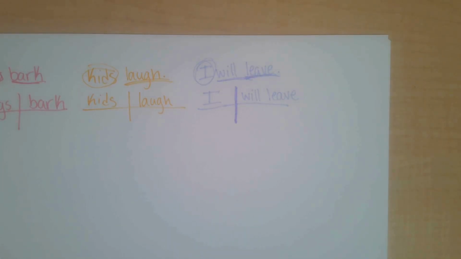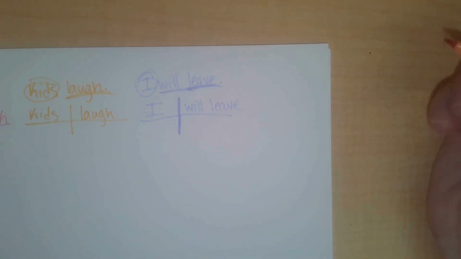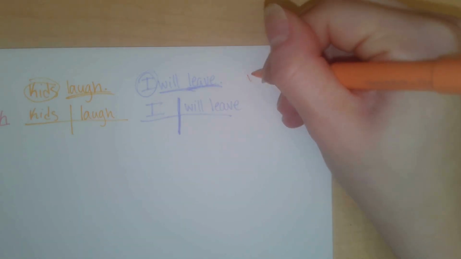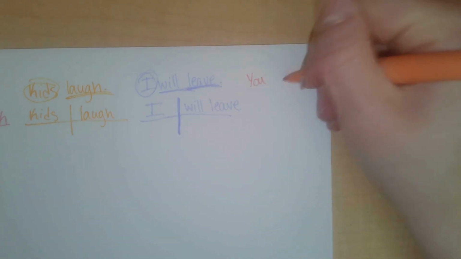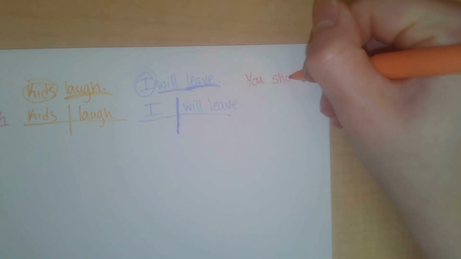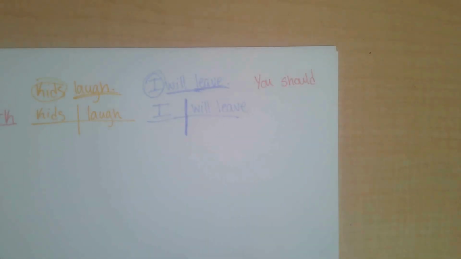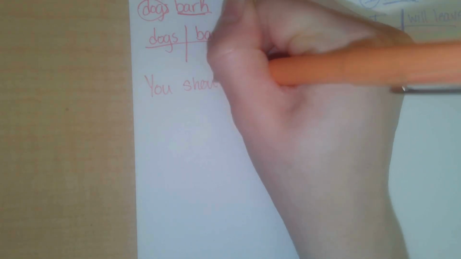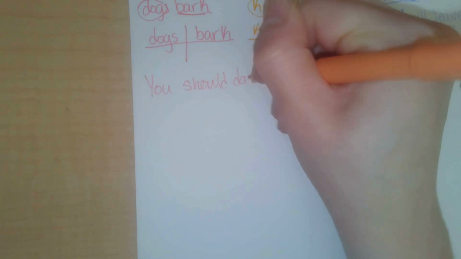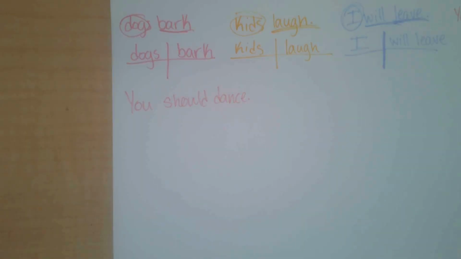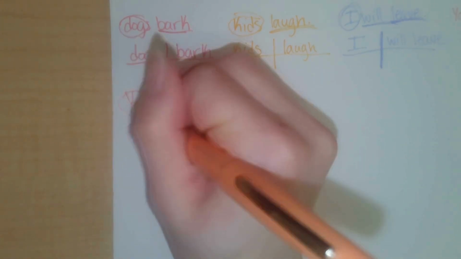Now, our last practice out of this section is you should dance. Oh, I'm running out of space there. So what is our subject? What is the one doing something?